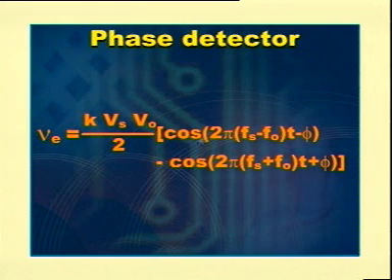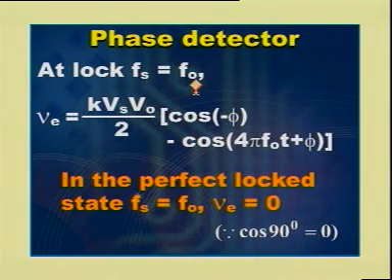After simplification, we get phase comparator output VE equal to k Vs V0 times [cos((2 pi (Fs minus F0) t) minus phi) minus cos((2 pi (Fs plus F0) t) plus phi)]. At Fs equal to F0, VE equals k Vs V0 by 2 times [cos(minus phi) minus cos(4 pi F0 t plus phi)].